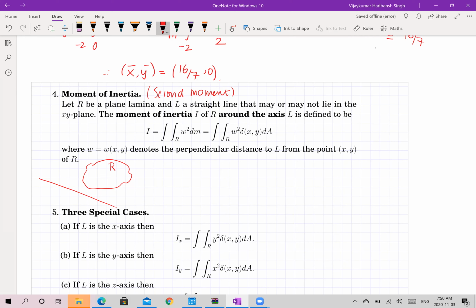Now, the moment of inertia of R about axis L is defined by, so at every point you are looking at this distance, w. So this is, if this is xy, this perpendicular distance is w of xy.